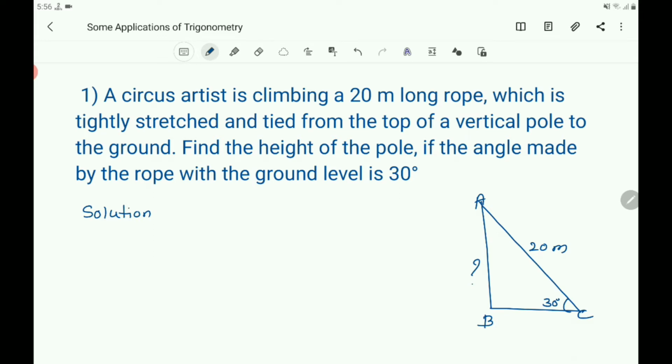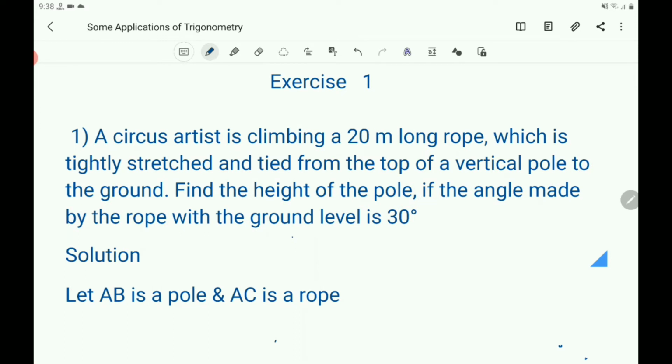Let AB be a pole and AC a rope. The angle made by the rope with the ground is 30 degree.